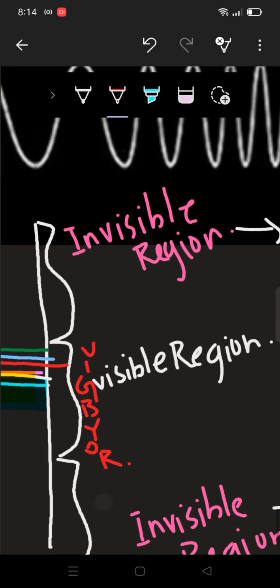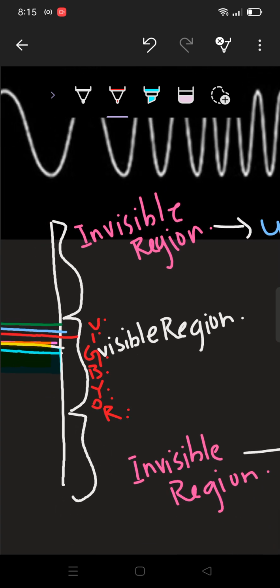What does this mean? V means violet, I means indigo, B blue, G green, Y yellow, O orange, R red, right? Now the frequency of violet is much greater than the frequency of red, right?